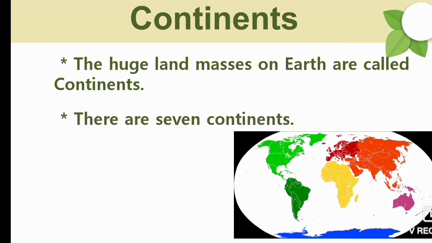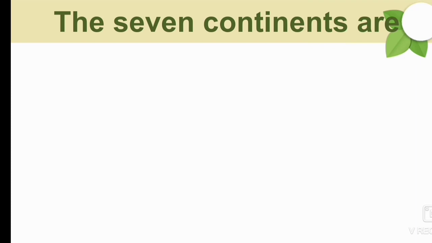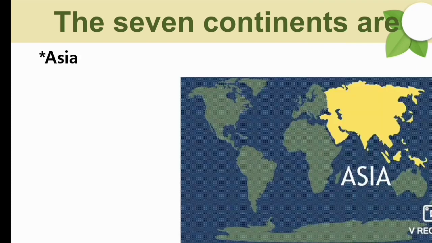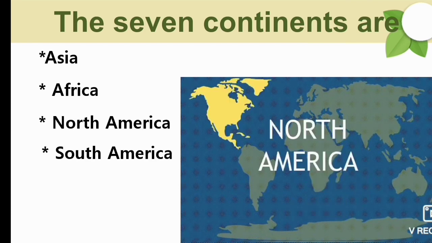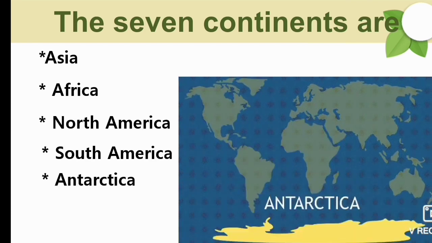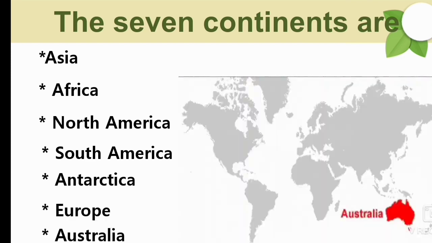There are 7 continents located on the earth's surface. Students, according to their size, the 7 continents are Asia, Africa, North America, South America, Antarctica, Europe and Australia.